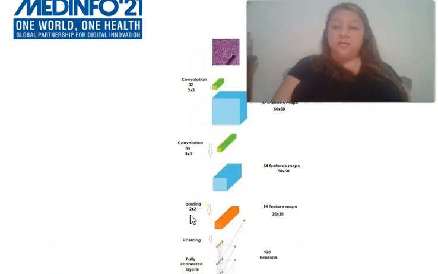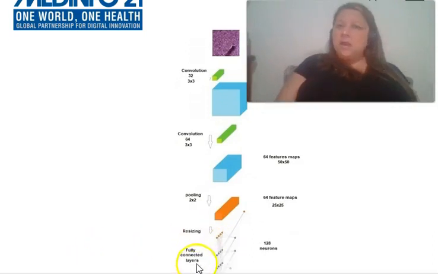The objective of the pooling layers is to reduce input dimensions to minimize the number of parameters. The dense layer is a common fully connected layer of the CNN, having 128 neurons.